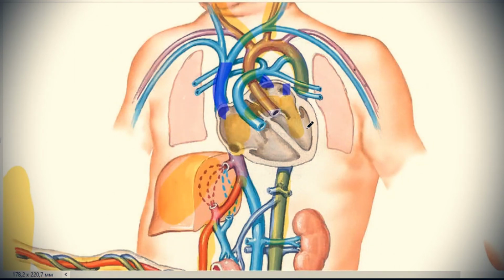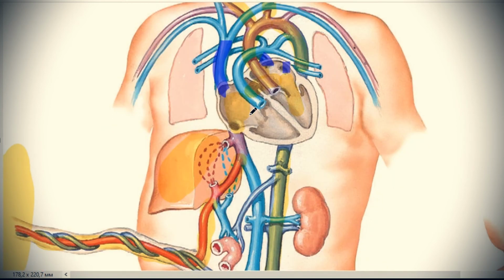Why? Now we come to the right ventricle. I told you that blood from the right atrium gets to the left atrium, but not all. Some of the blood that came from vena cava superior can get into the right ventricle, then to the pulmonary trunk.